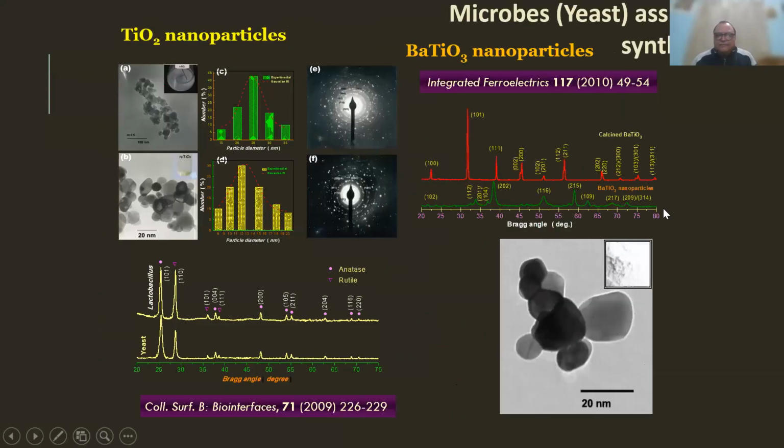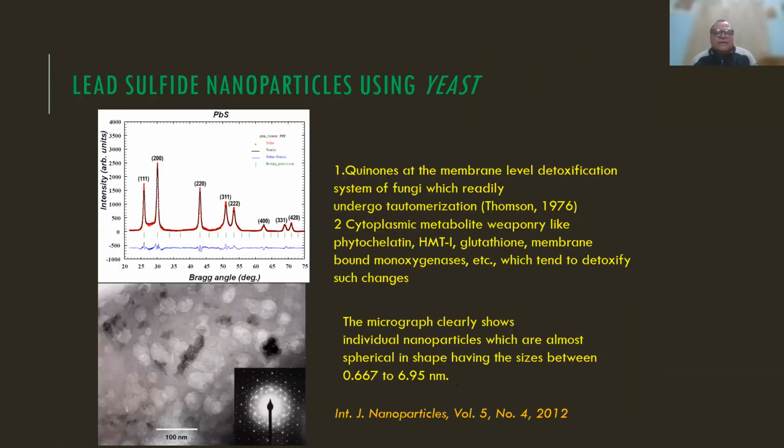Here again, you can see lead sulfide nanoparticles using yeast. Yeast has quinones at the membrane level detoxification system, and they help in tautomerization and then create energy. And there are other things which we will discuss later on.